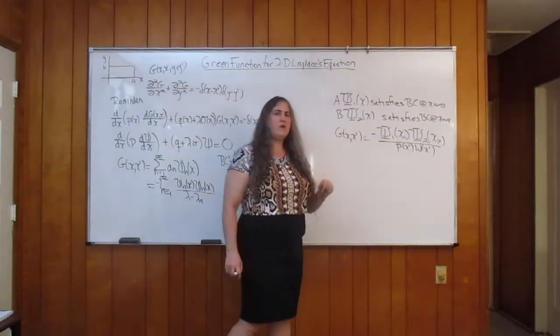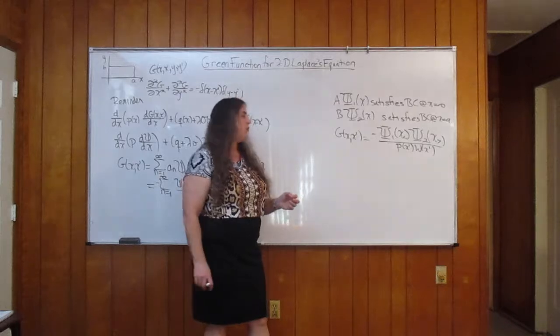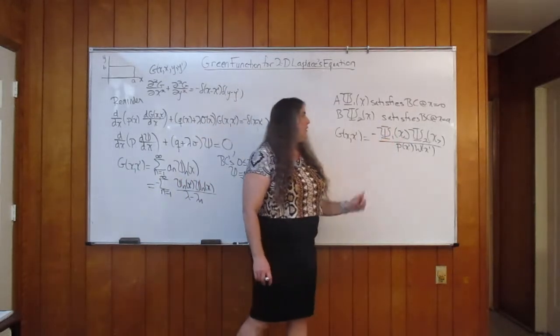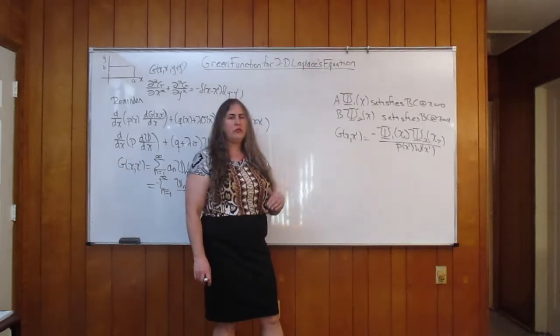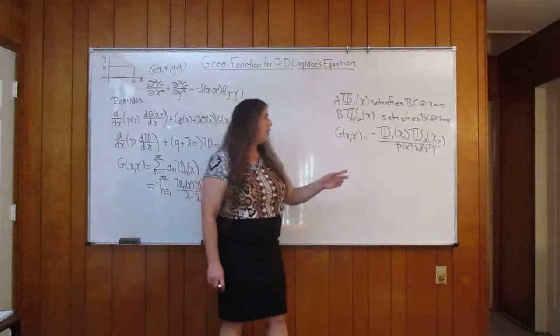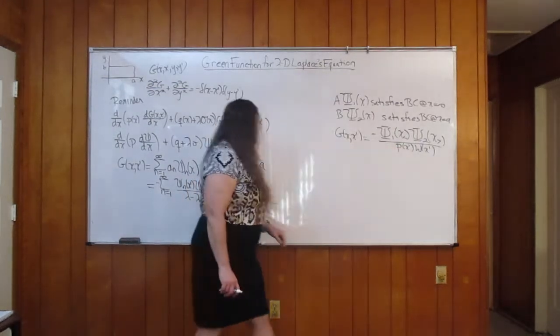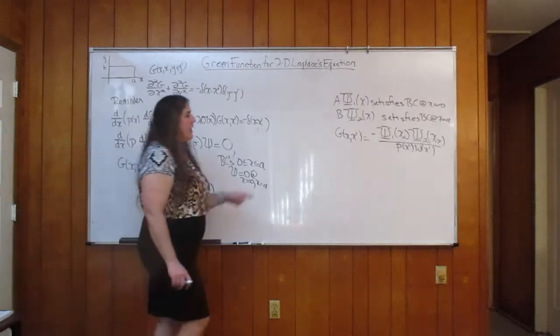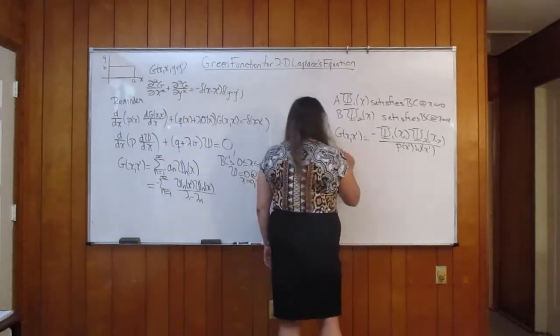And that is a function of x less than. X less than refers to the smaller of x and x prime, and psi 2, which is a function of x greater than, that refers to the greater of x or x prime. And this is all over p of x prime, and that's just this function p here in the Sturm-Liouville equation, and w is the Wronskian.